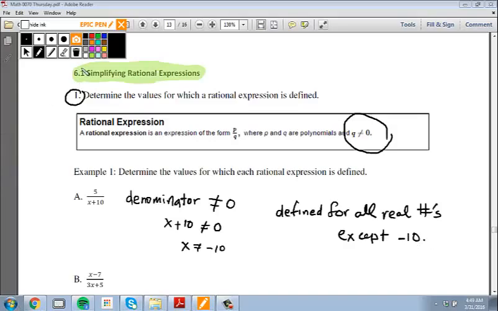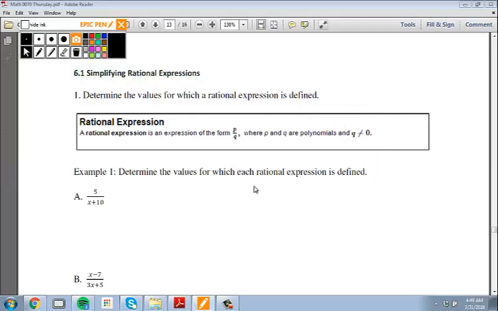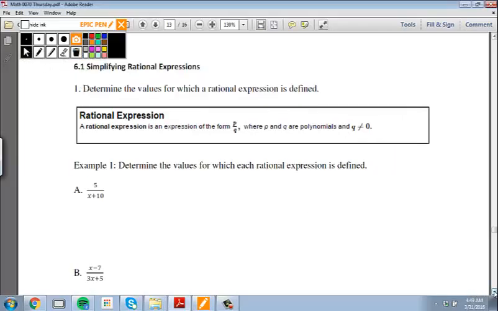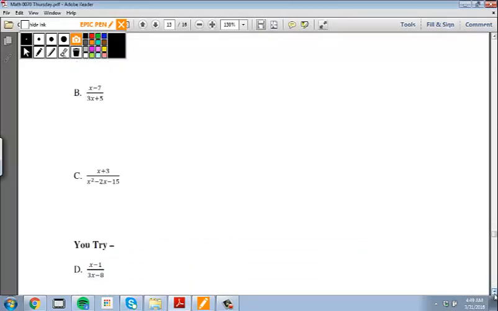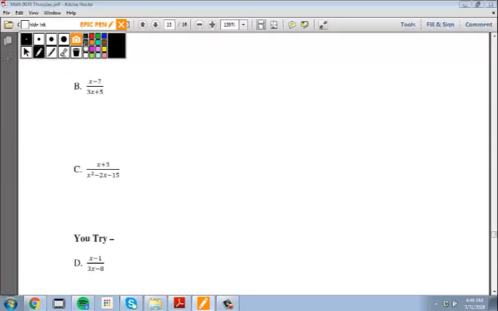Alright, so let's try the next one. We're going to do this one very similarly. x minus 7 over 3x plus 5. Again, we know that the denominator cannot equal 0. So 3x plus 5 cannot equal 0. We're going to subtract the 5 and divide by 3.